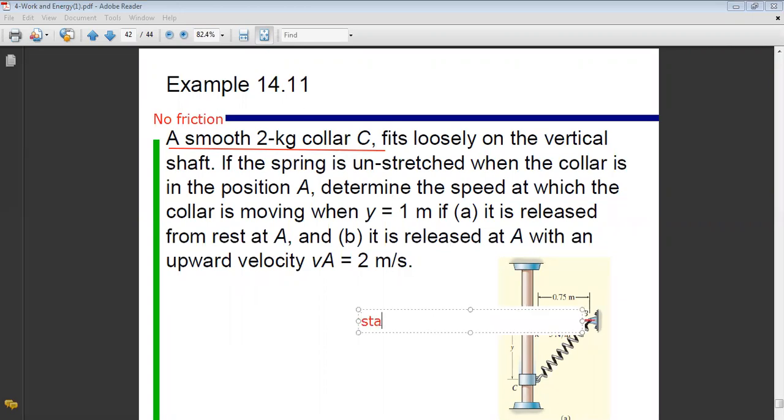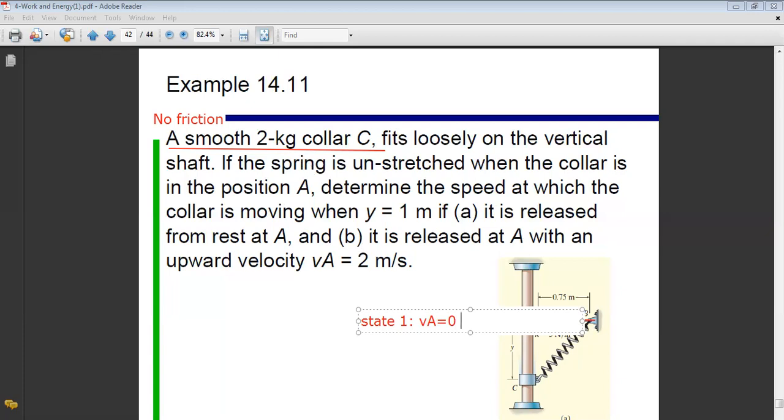So at state 1, I have the following conditions. First, the velocity: in the first question they said it is released from rest. So vA equals 0. And they said that at this position, the spring is unstretched.